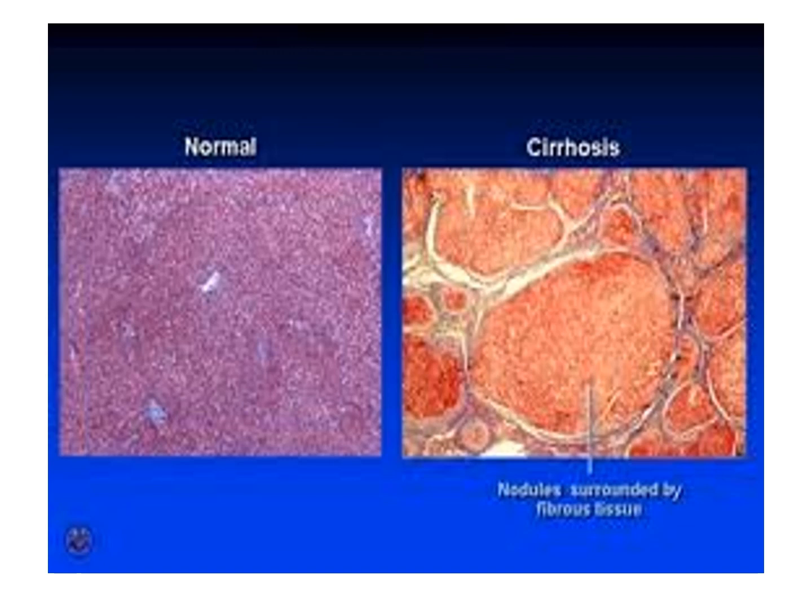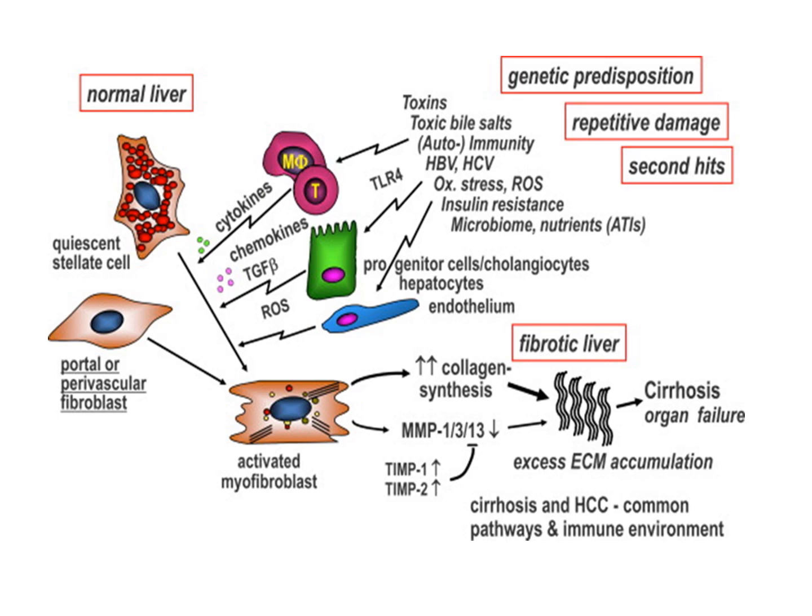A nodular liver will be present and the architecture of the liver will be destroyed. The characteristic feature of liver cirrhosis is accumulation of collagen and excess extracellular matrix.